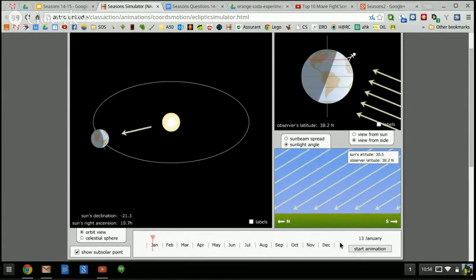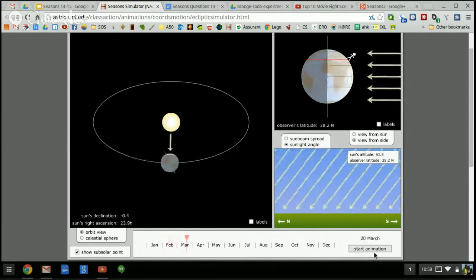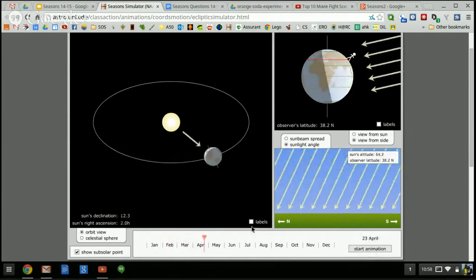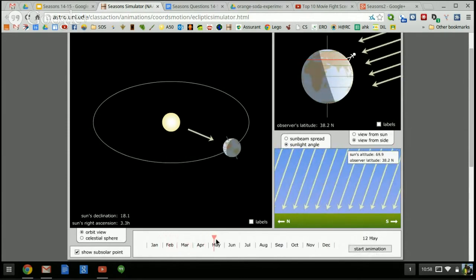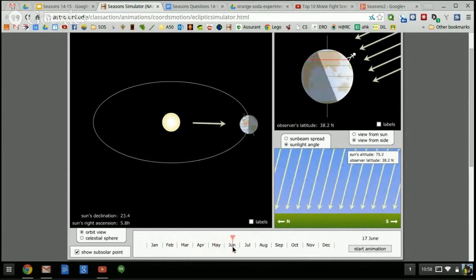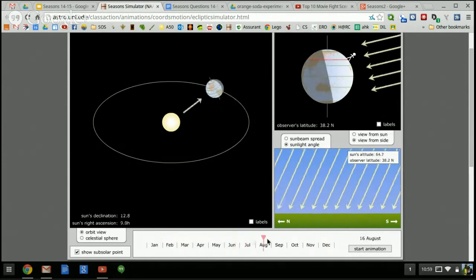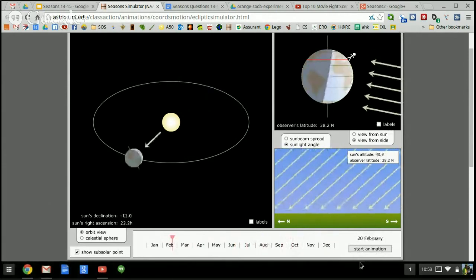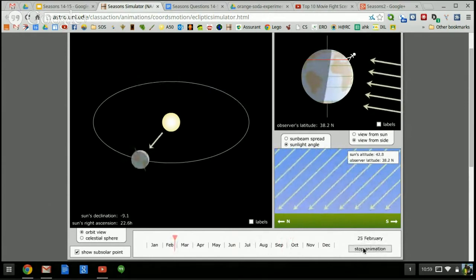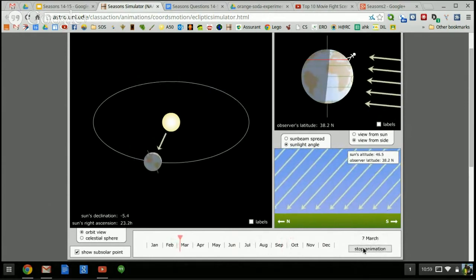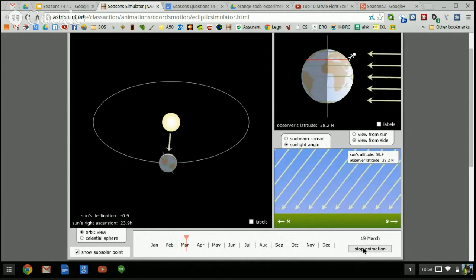And it's going to start going back the other way until we get very straight up and down in June. Not all the way straight up and down. At June 21st, it's going to switch and go back. So if I start the animation, you can see what the sun does over the course of the year.